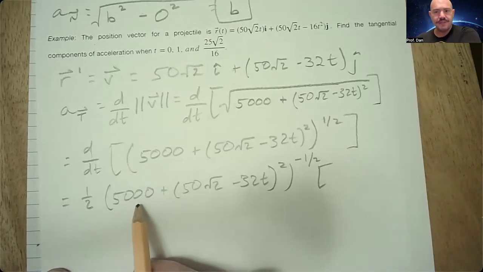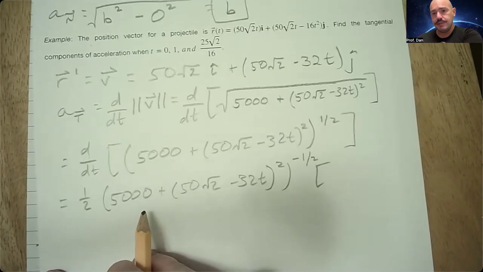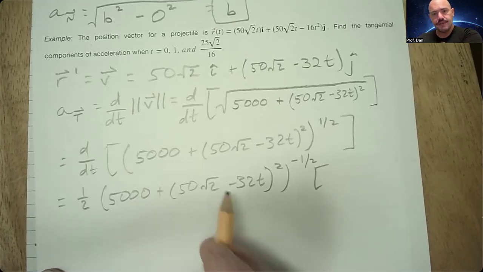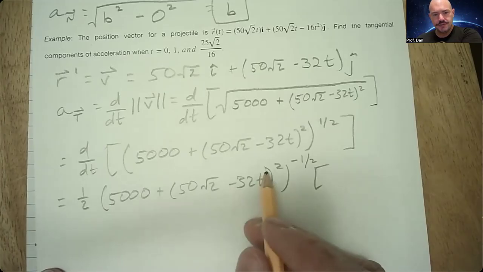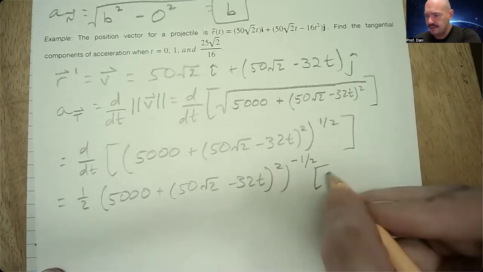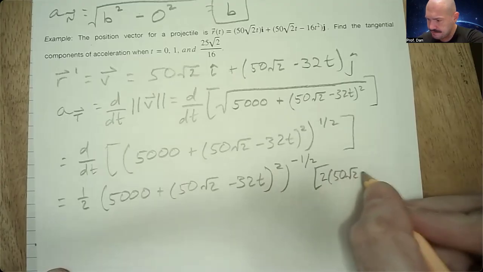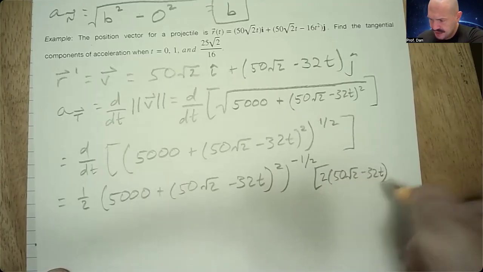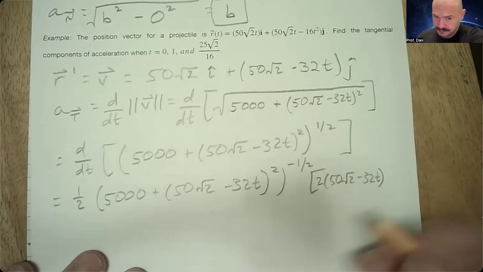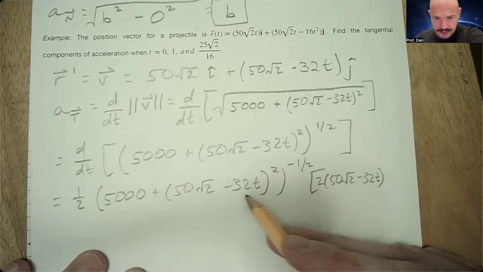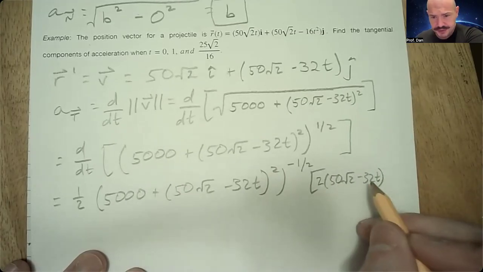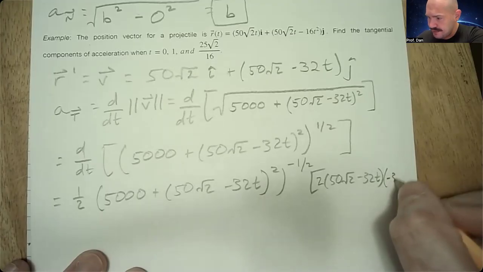So the derivative of 5000 is 0, I don't need to worry about it. The derivative of this guy requires a chain rule. So for this chain rule, I bring my 2 down, take one away from the power, and then multiply by the derivative of this, which would just be negative 32.